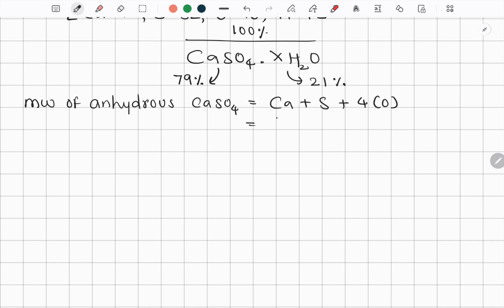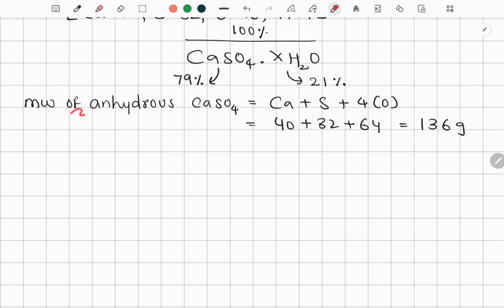When I add 40 plus 32 plus 64, I get the answer equal to 136 gram. Okay, 136 gram.